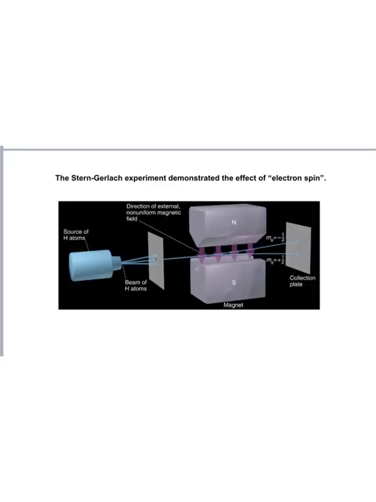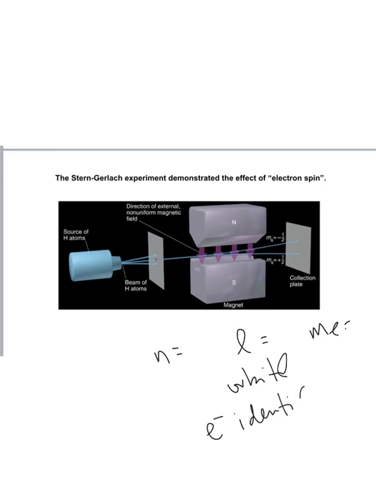Oh, this little thing, maybe it's a little bit out of order, but one thing you need to know: when we said n is equal to a certain quantum number, l is equal to something, m sub l, all three of those give you what orbital you're in. But the electron identification needs m sub s. Basically, it's either a plus or a minus 1/2.